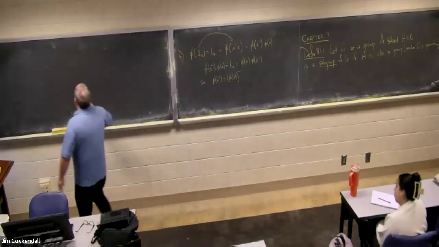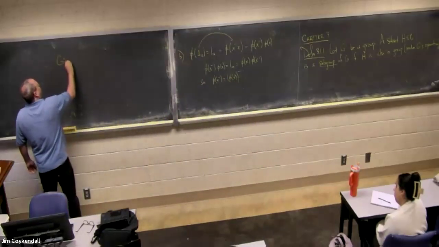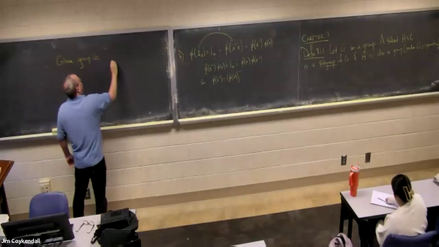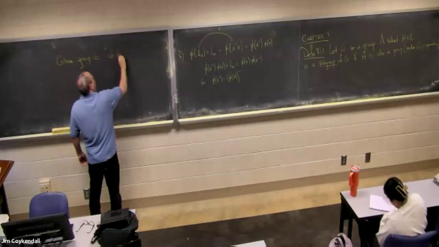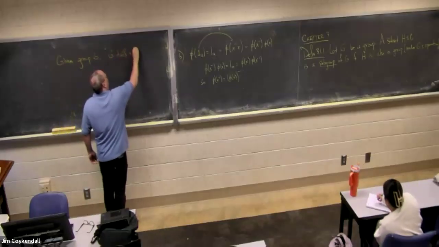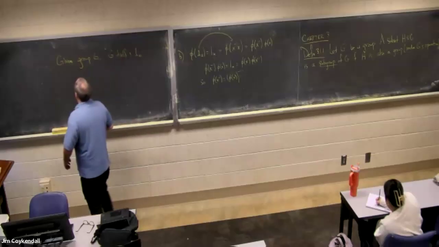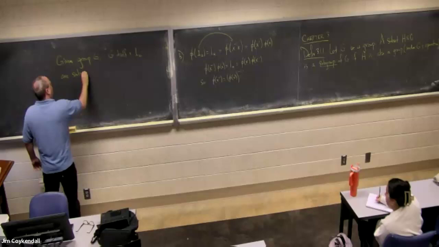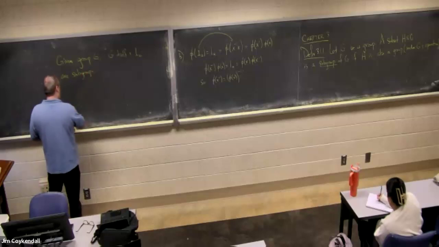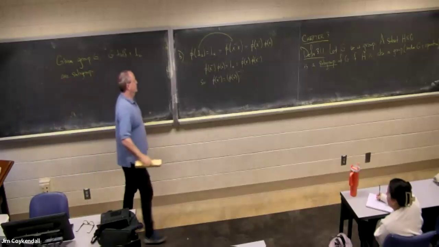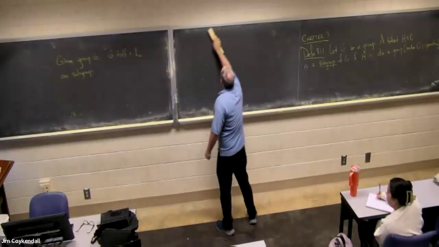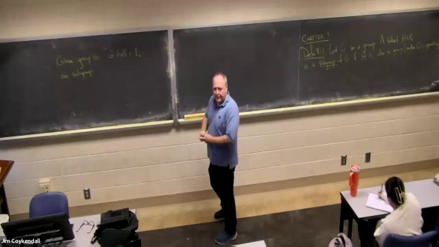So given the group G, G itself and the identity of G are subgroups. But most groups have a ton more interesting subgroups.